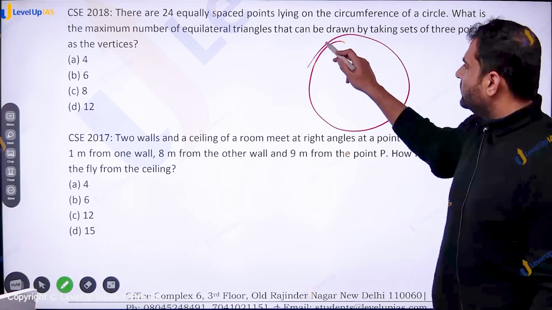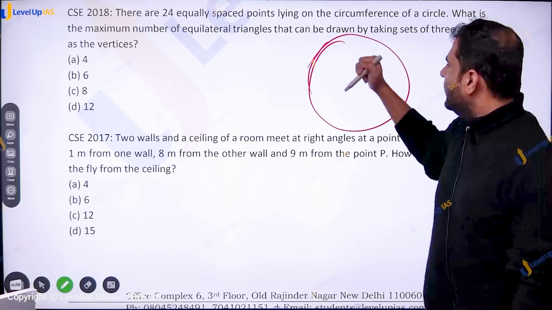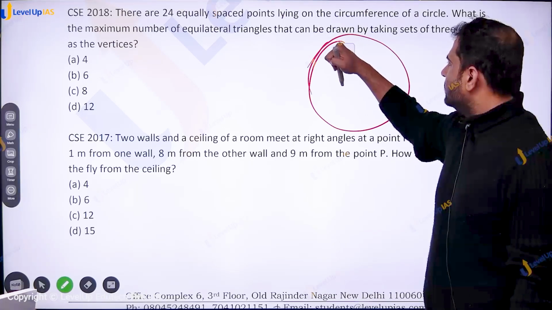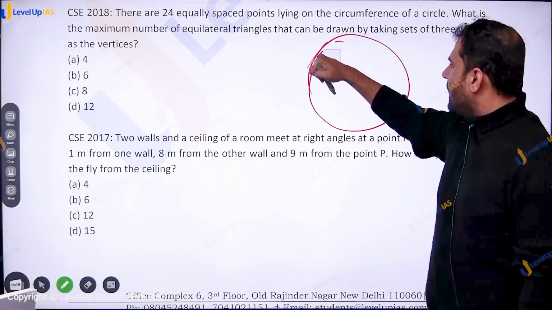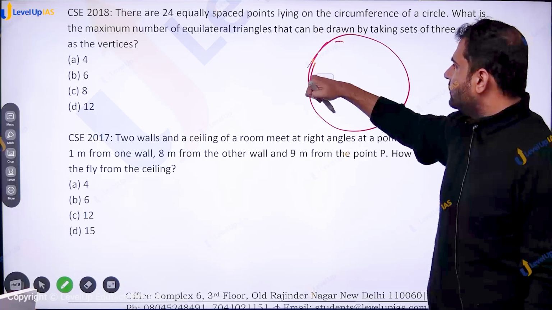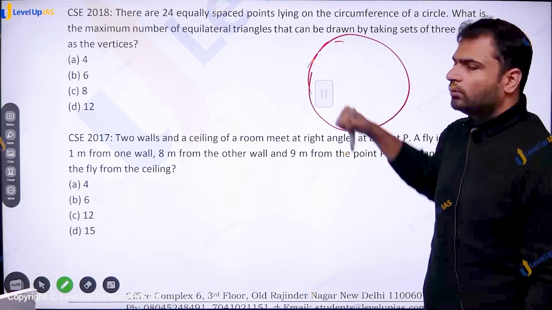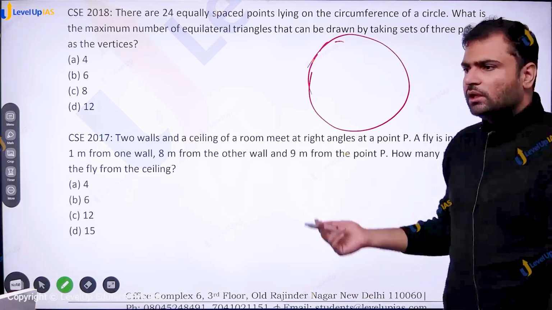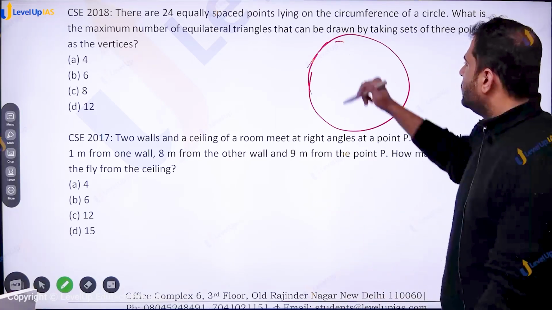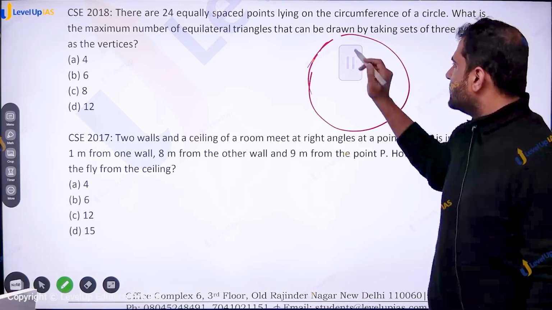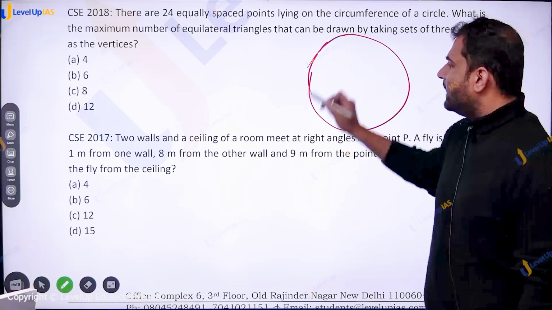So 24 are there, equally spaced, and the question asks how many equilateral triangles can we draw by choosing 3 points out of these 24. So any 3 points give us a triangle, and we want to choose such that the triangle is equilateral.